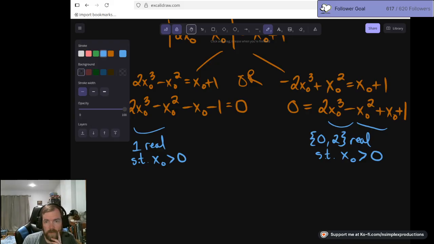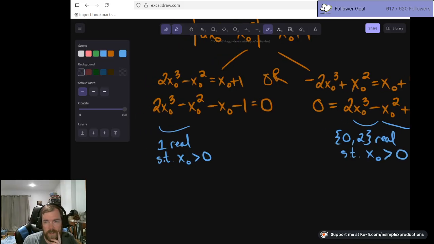If we try and go for the negative side, that's going to switch the signs of all the odd terms, and so we end up with 2 sign changes here, or potentially none, such that x0 is less than 0.